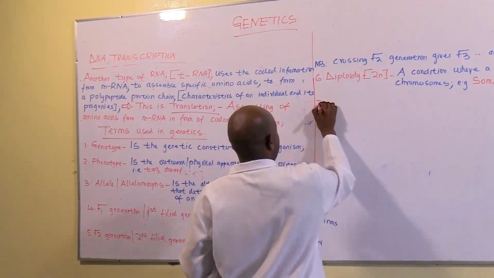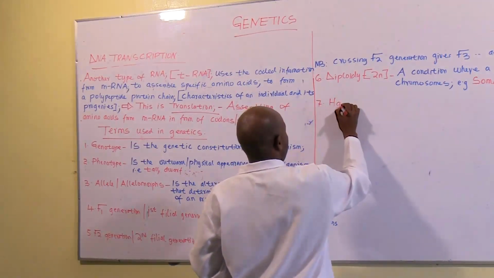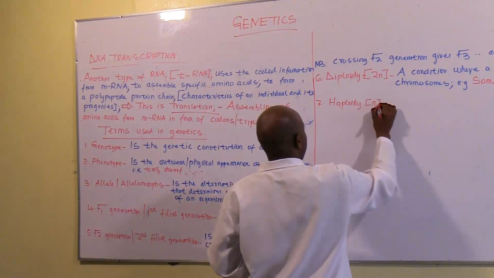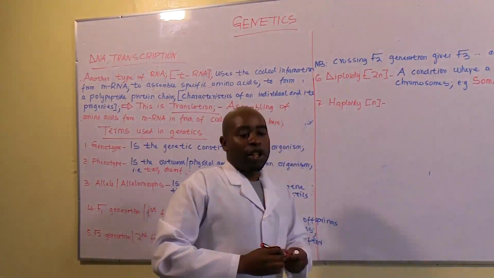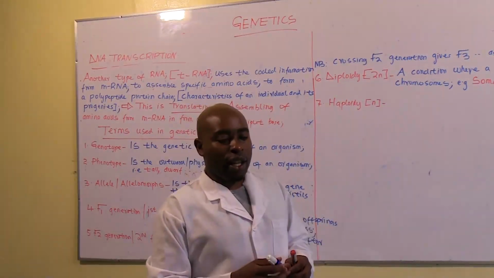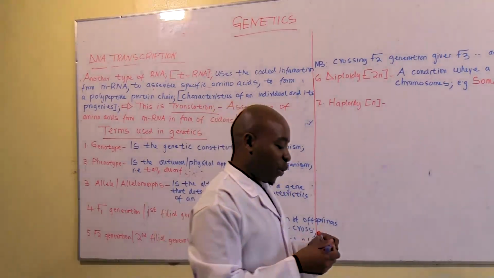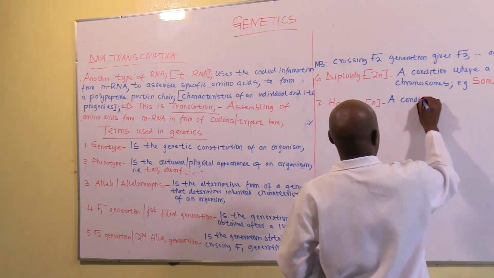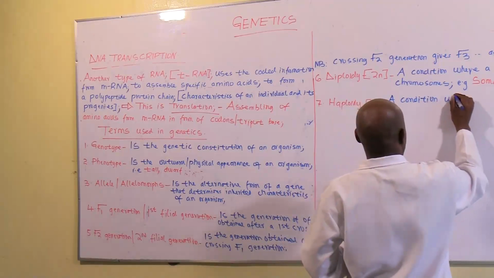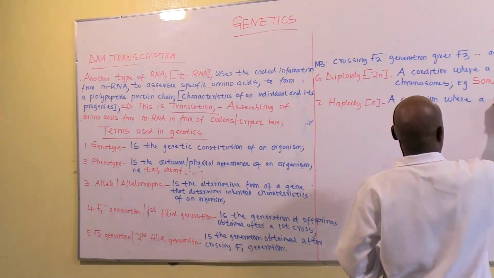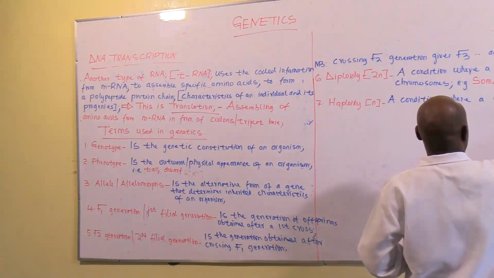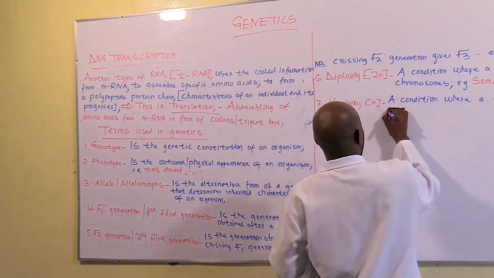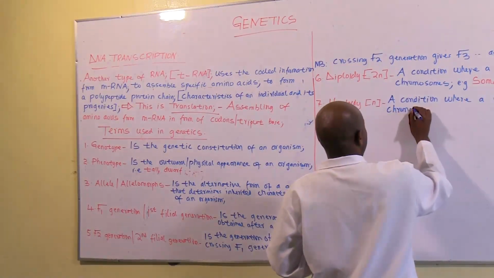Then number 7, another term is haploidy. Haploidy, this is N. So haploidy is a condition where a cell has only one set of chromosomes.